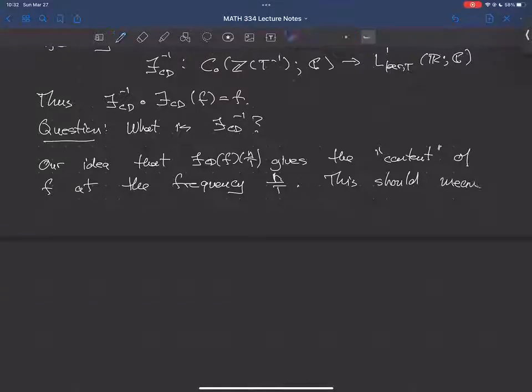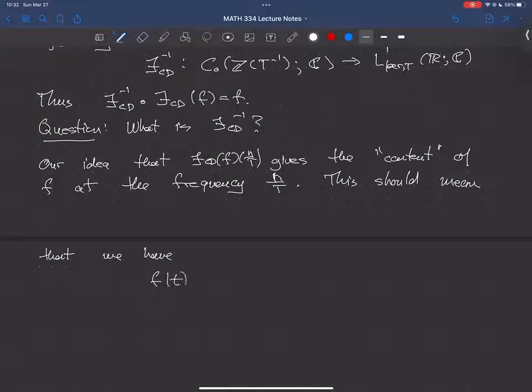If f is a signal that at every integer multiple of the frequency 1 over t has that amount of stuff, then you aspire to get f back again by summing over all the frequencies the stuff that is given to you by f at those frequencies. So this should mean that we have f of t, and I'll write that.